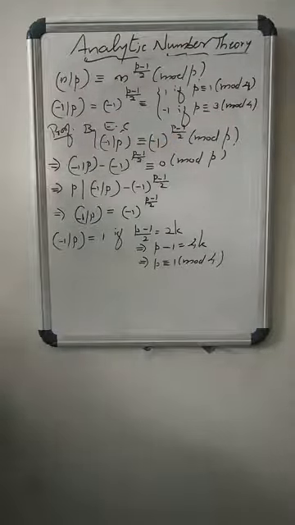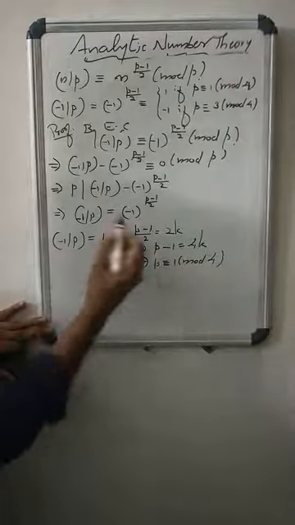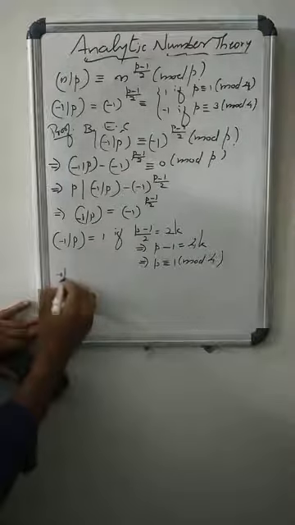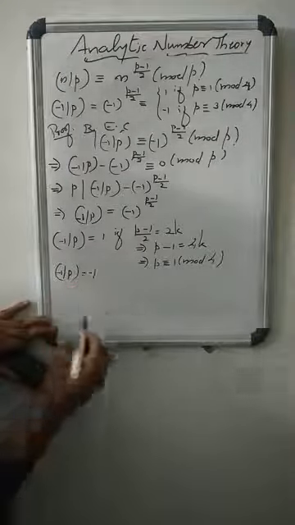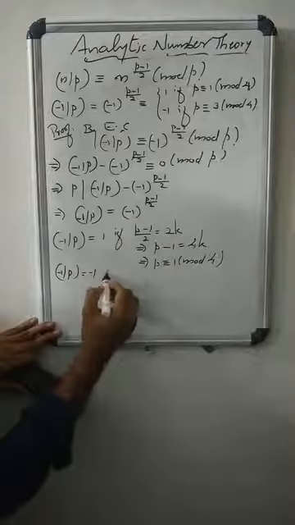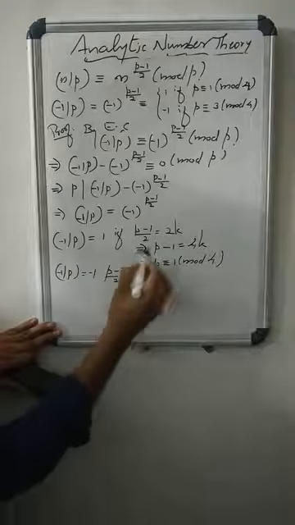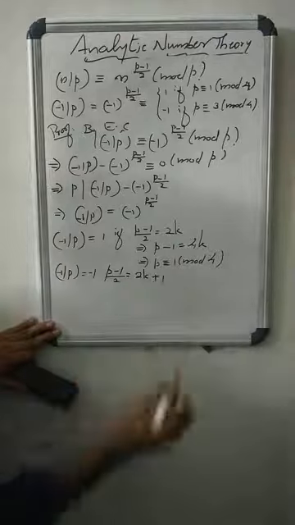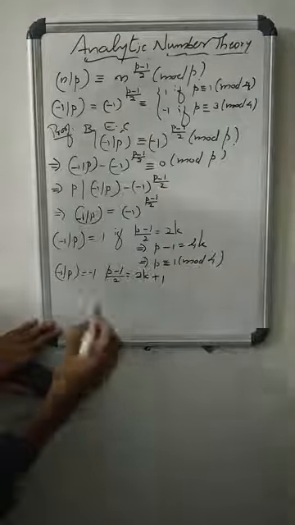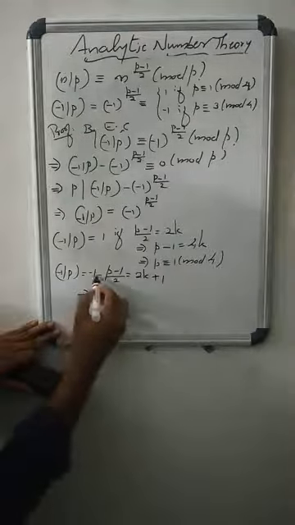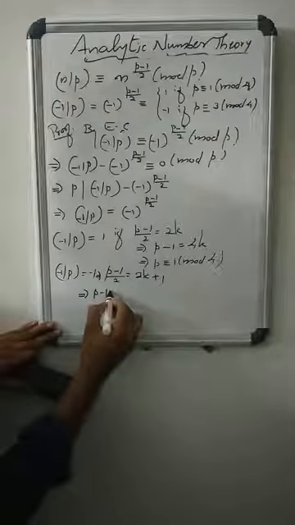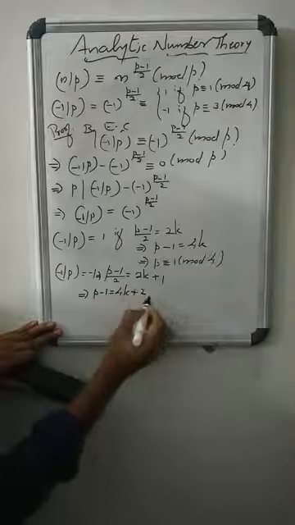Agreed? Okay. Now it is -1. (-1/p) is -1 when (p-1)/2 is odd, that is, (p-1)/2 is some 2k+1. (p-1)/2 equals 2k+1 means p-1 equals 4k+2.